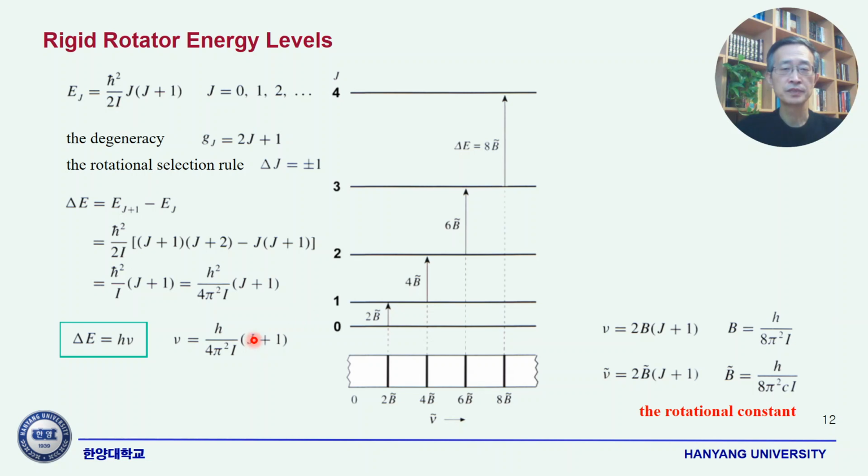If you go from J equal 1 to J plus 1 equal 2, it's twice 2B, which is 4B, and then 6B, 8B. So in your spectrum itself, lines appear at the 2B position, 4B position, 6B position, 8B position. Your spectrum looks like regularly spaced spectral lines. That's the rotational spectrum.